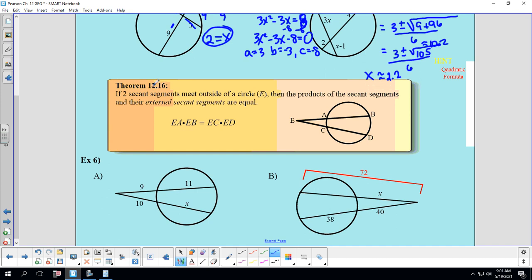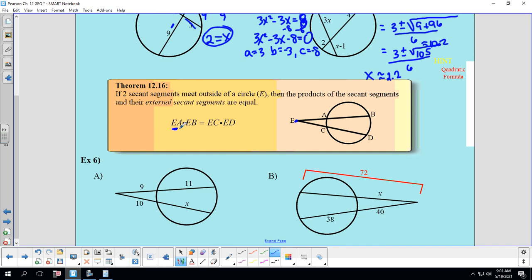Okay, so let's roll that into Theorem 12.16. If two secant segments meet outside of a circle, like at point E, then the products of the secants, so we multiply them together again, and their external secant segments are equal. So here it is.